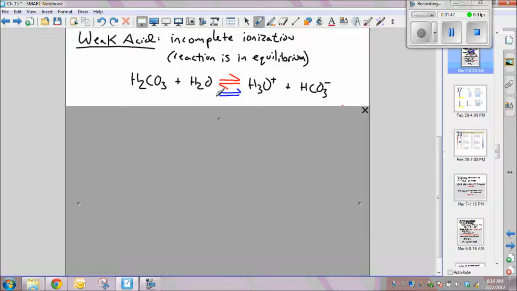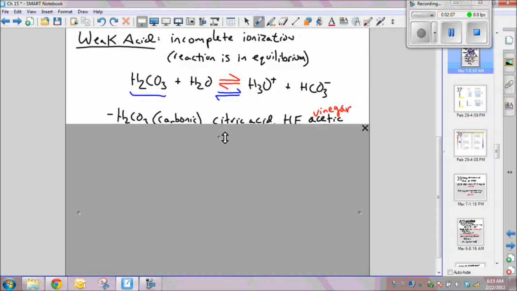An equilibrium is set up where you have both products and reactants in solution at the same time. So this acid, carbonic acid, does not disappear and go to the right. It does in part, so you get some H plus as hydronium ion in solution, but you also have the original molecule, H2CO3, still in solution. So all four species are in solution.